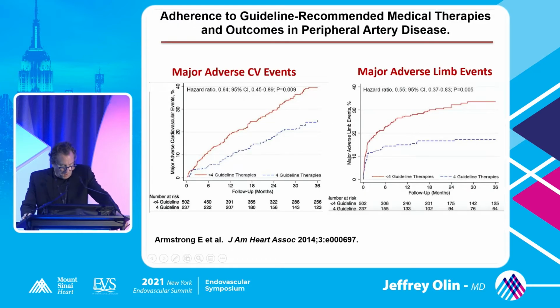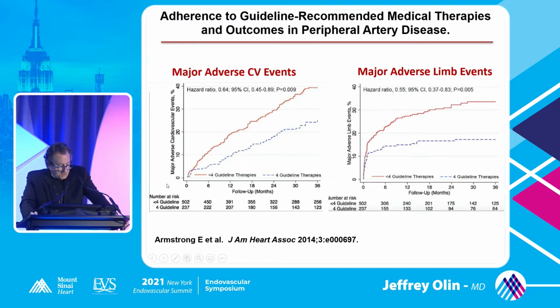But this was published the same year in a different journal. It's the same cohort of patients. And you're looking at major adverse cardiovascular events, MI, stroke, cardiovascular death, and major adverse limb events, acute limb ischemia, amputation, et cetera.